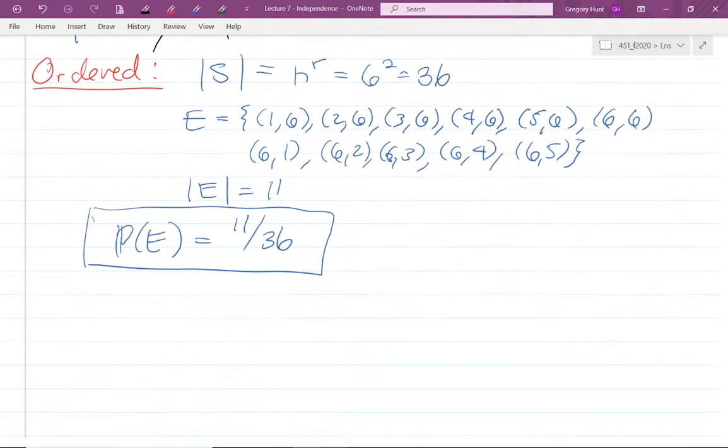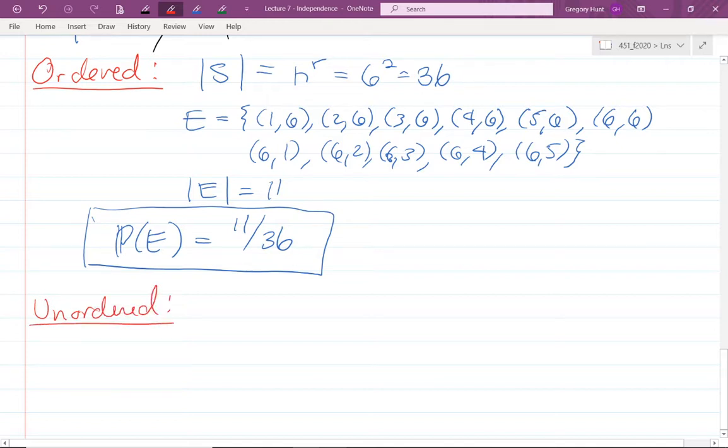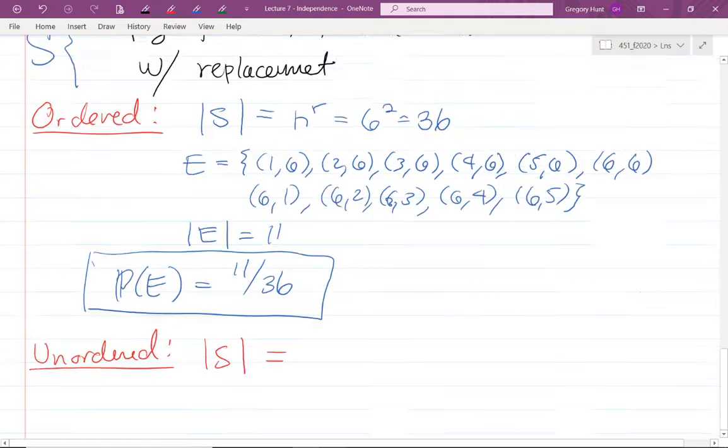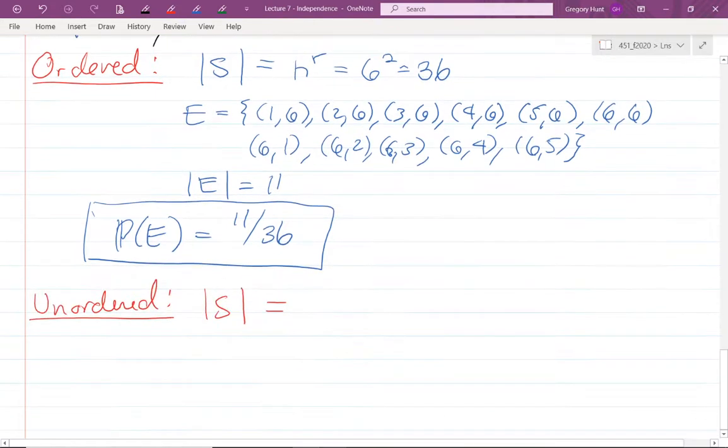Okay. So the other way we could solve this is unordered. Right? So in that case, the size of S is, well, now I'm sampling with replacement without order. So our formula says that this should be n plus r minus 1 choose r, which is going to give us 7 choose 2, or 21 outcomes.